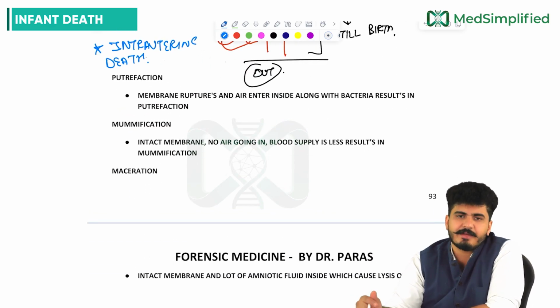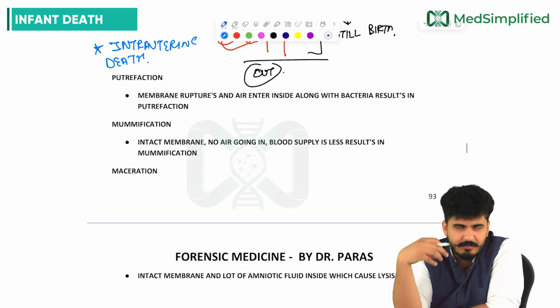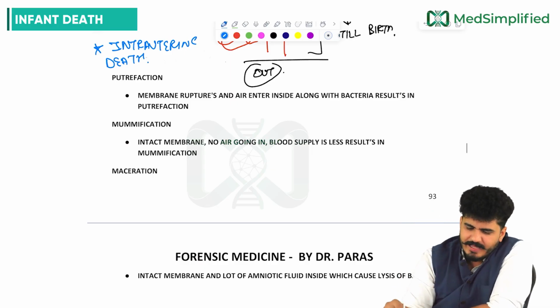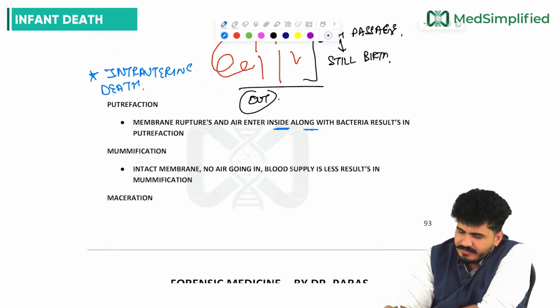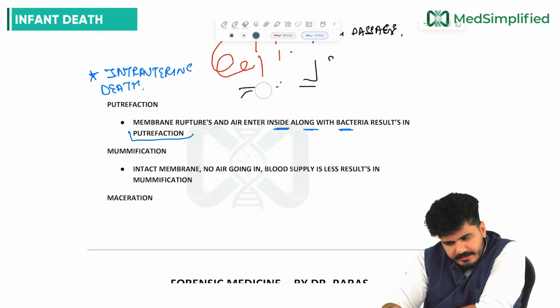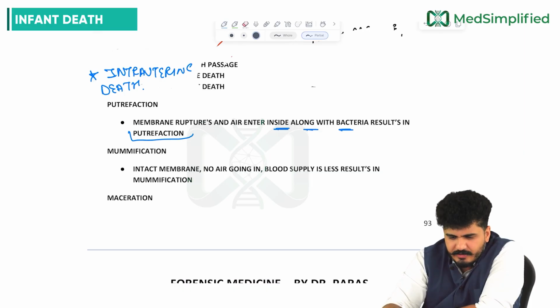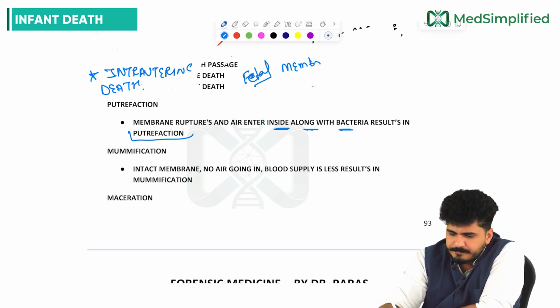What is putrefaction? How it is happening? Putrefaction and mummification. Putrefaction, we know, is decomposition of the body by the inner enzymes. So what is happening? The membrane ruptures and the air enters inside along with the bacteria, resulting in the putrefaction of the baby. That means the baby has died inside the uterus only. Once the baby dies inside the uterus, the fetal membrane got ruptured.